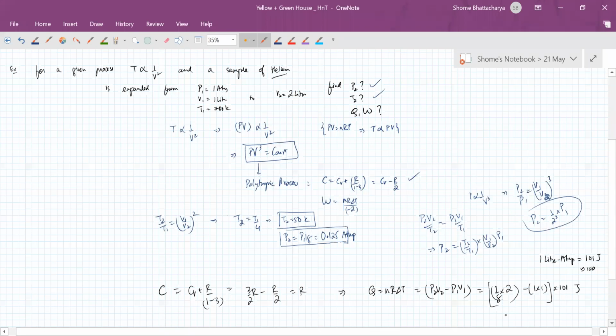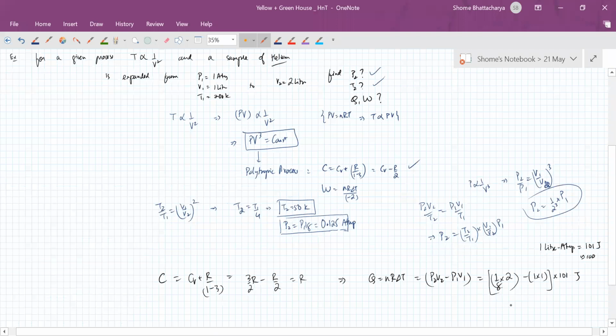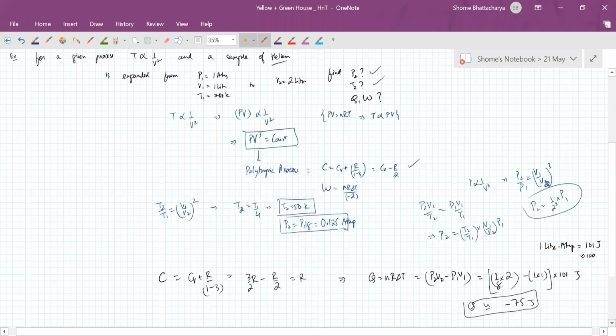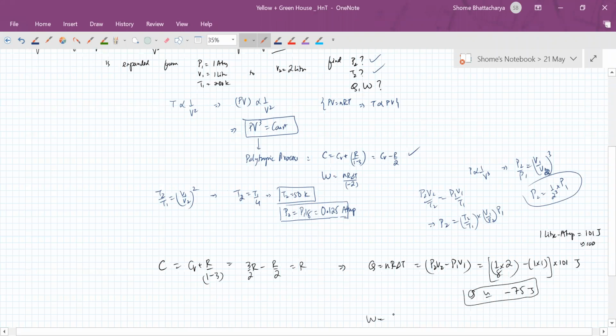Okay, so it's a negative quantity, approximately minus 75 joules is Q. And W is nR delta T upon 1 minus 3. So it will become plus 37.5 approximately joules.